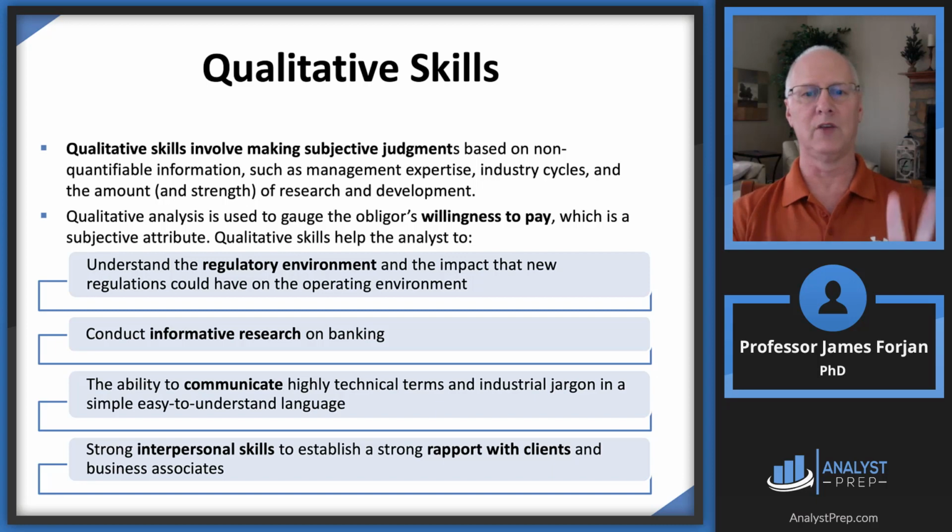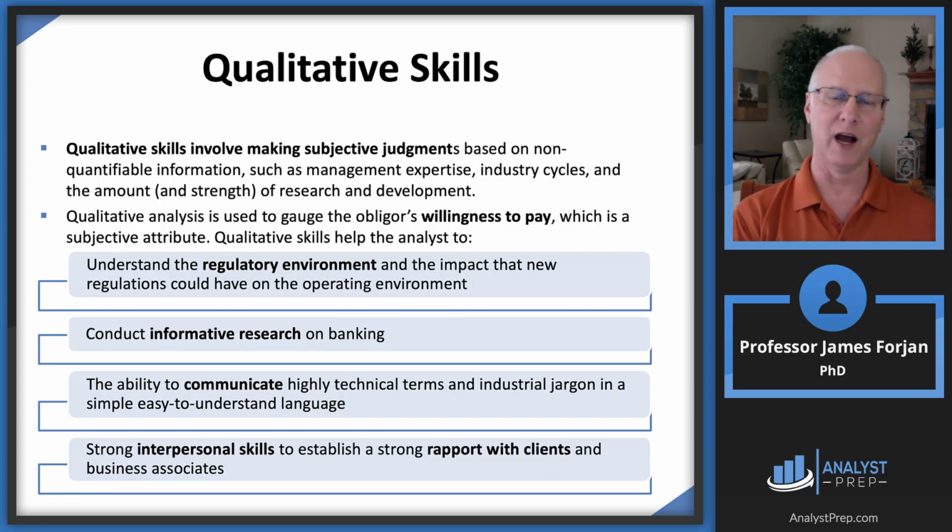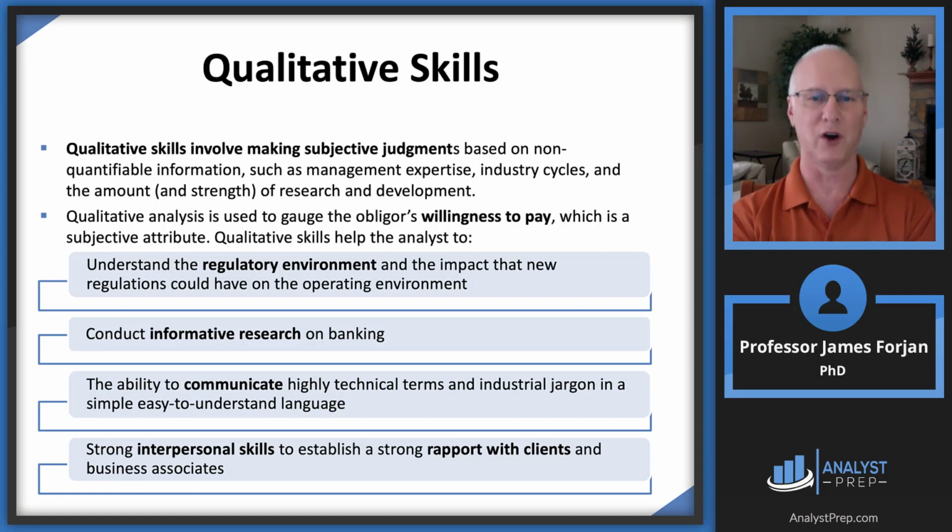But this is what it is, the artistry of being able to process and scan the regulatory environment to be able to make a subjective judgment on what that future regulatory environment might be. And of course, I need to take a deep breath here and say that the regulatory environment depends on who's in charge at the country's headquarters.